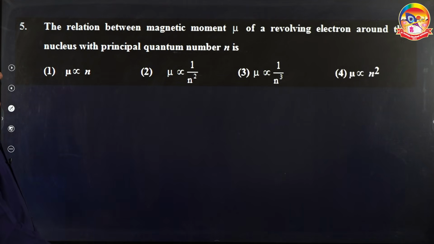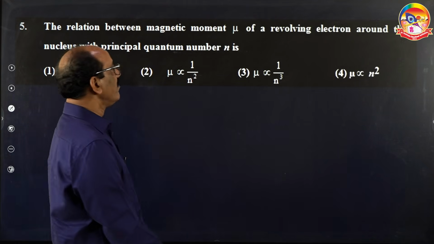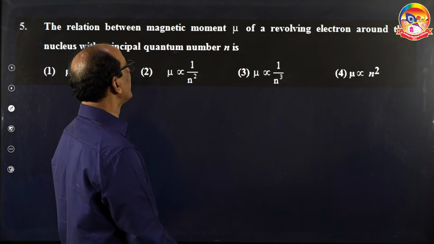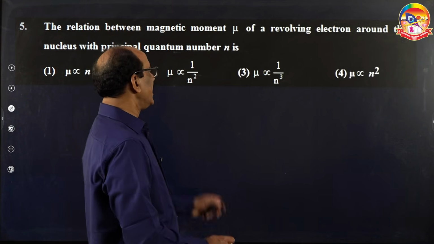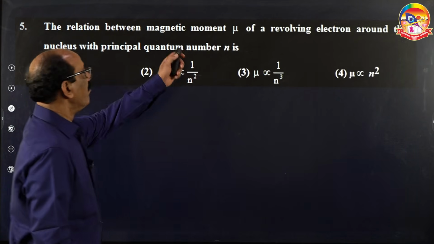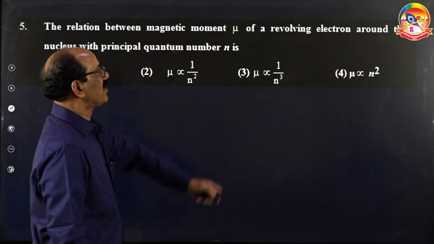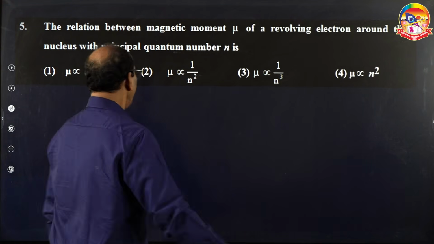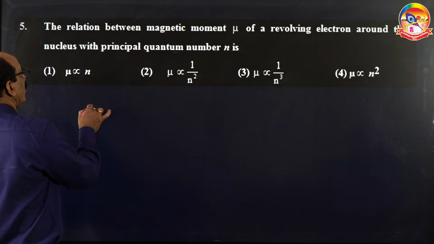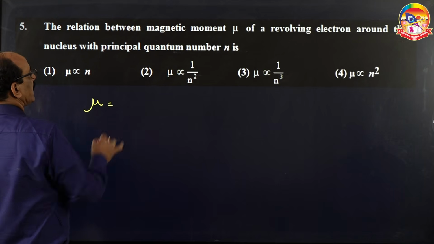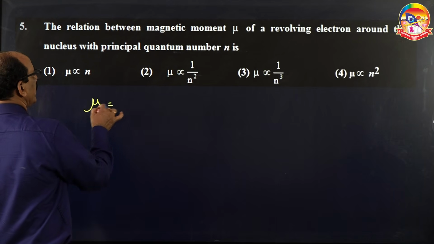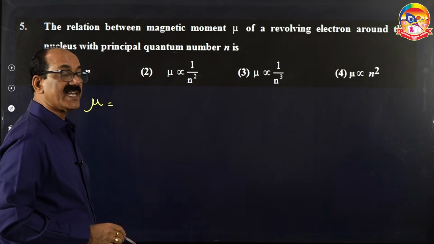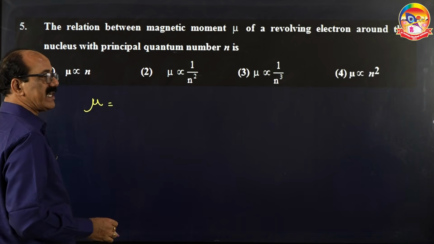The relation between the magnetic moment mu of a revolving electron around the nucleus and the principal quantum number n is asked. We know that the magnetic moment mu is nothing but, we can make use of the gyromagnetic ratio. What is the gyromagnetic ratio?